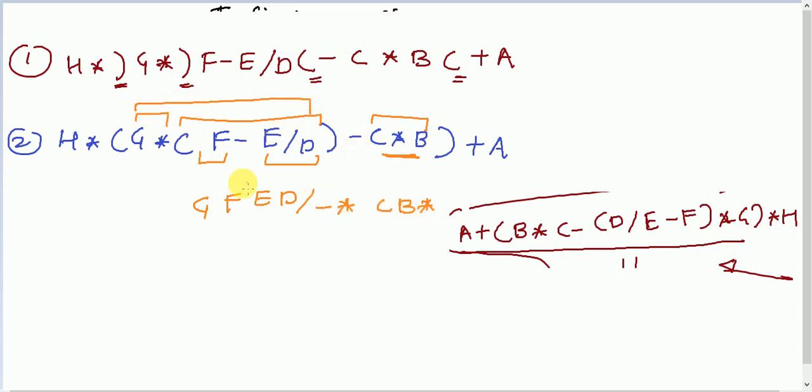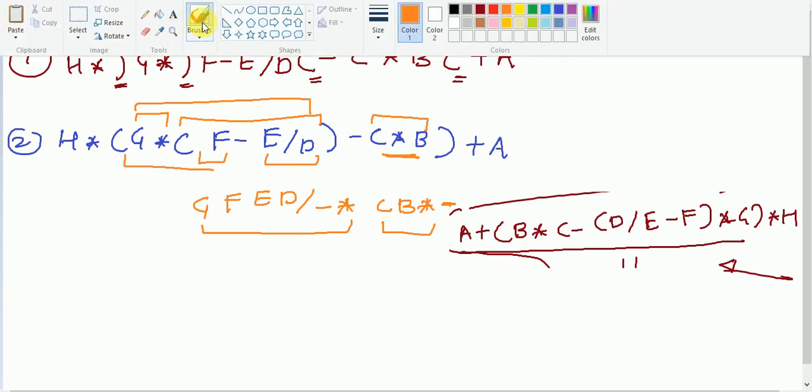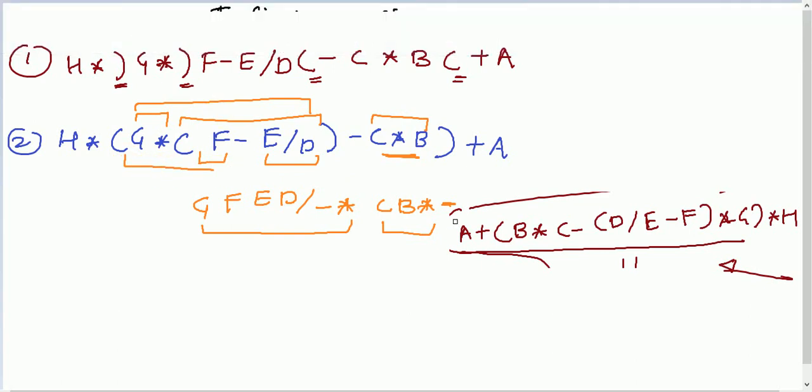So the whole answer is this much, and this result is getting subtracted from this, right? Then this whole answer is getting multiplied with H.